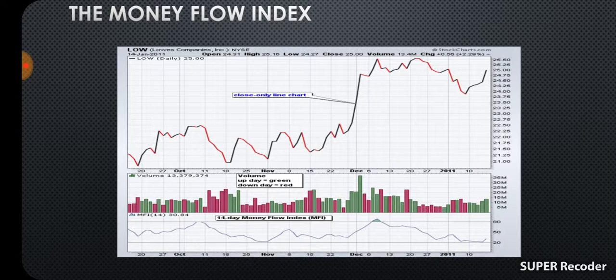If it moves towards the 20 to 30 range, it is considered oversold and we can buy such a security. Okay, so this is all about the money flow index and the relative strength index. Thank you.